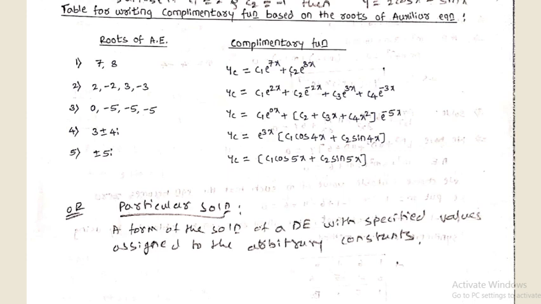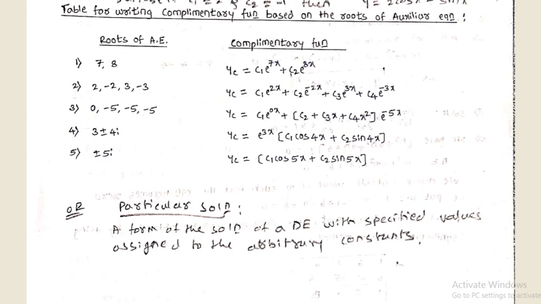These are also different roots because their signs are different. Hence its complementary function is c1 e to the power 2x plus c2 e to the power minus 2x, c3 e to the power 3x and c4 e to the power minus 3x.